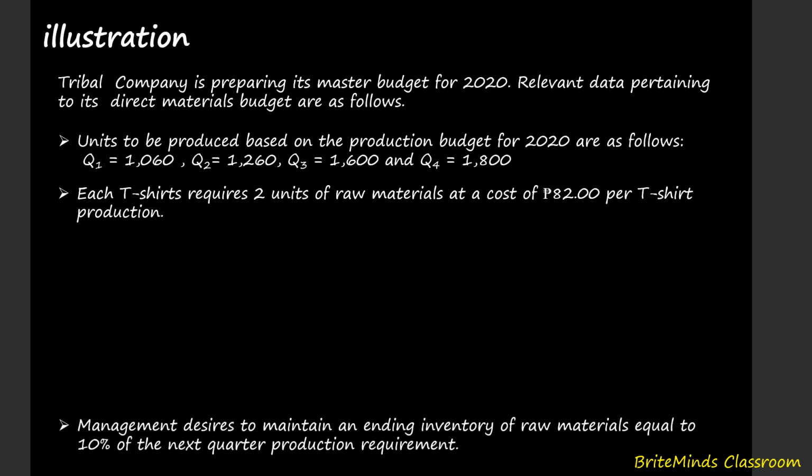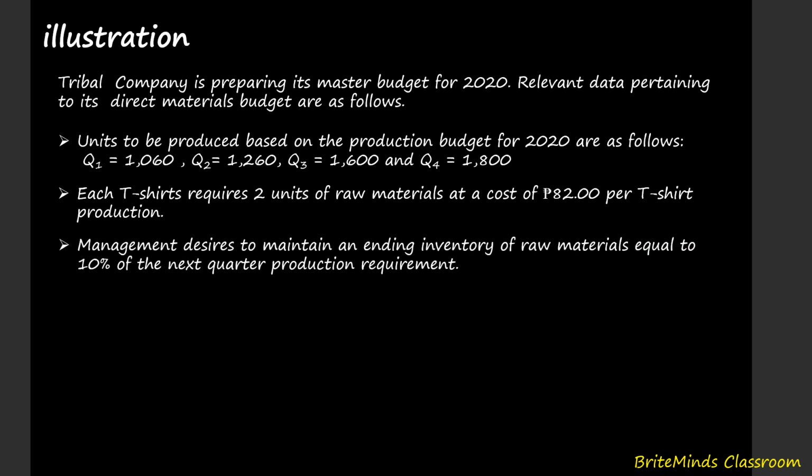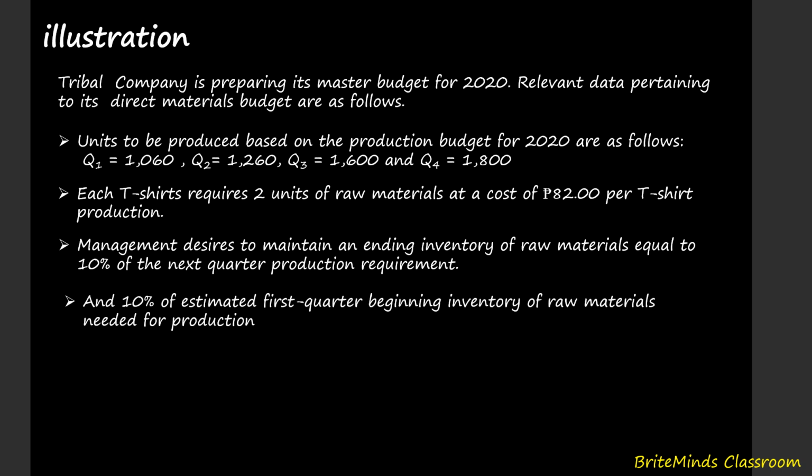Another assumption: management desires to maintain an ending inventory of raw materials equal to 10% of the next quarter production requirements and 10% of estimated first quarter beginning inventory of raw materials needed for production.